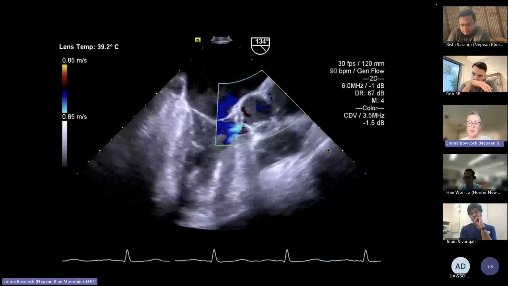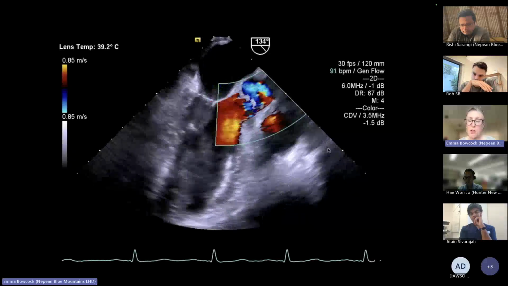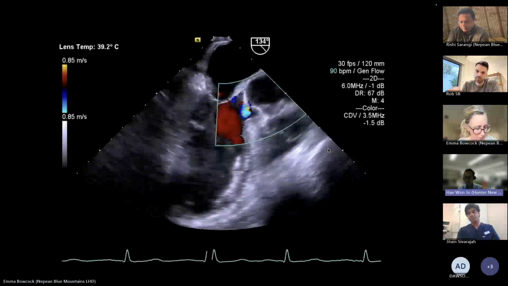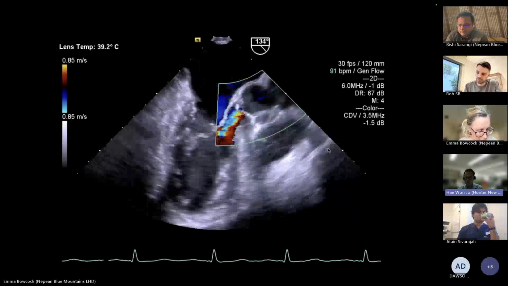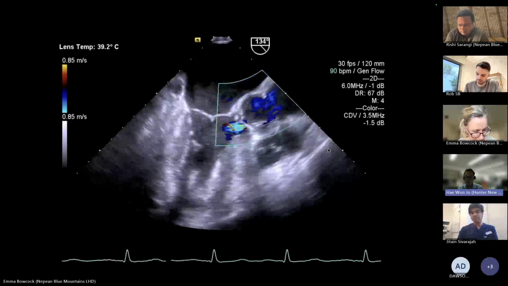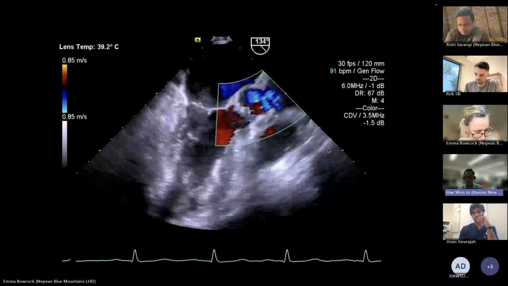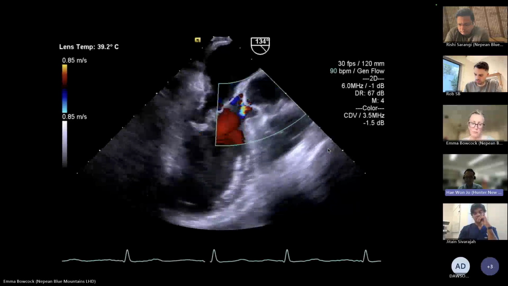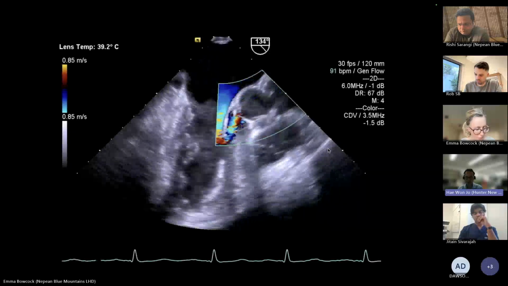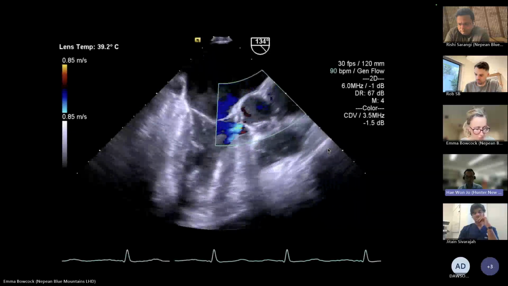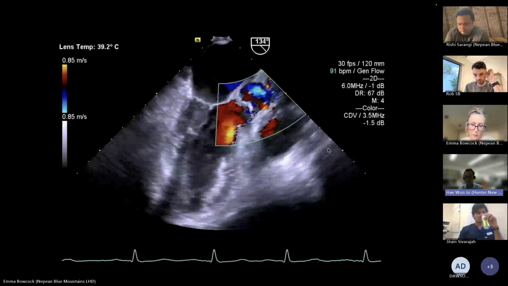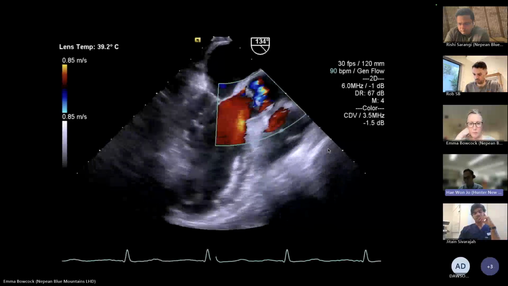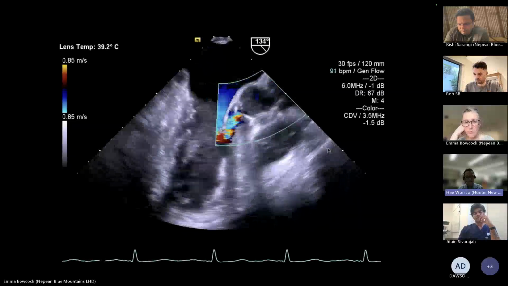Very nice. Tell me how you would differentiate between a true and a false lumen with echo. So using 2D and Doppler features. On 2D, the false lumen tends to be larger, and using Doppler on color flow, the true lumen has flow predominantly during systole, whereas in the false lumen that's not the case, and the flow can be irregular.